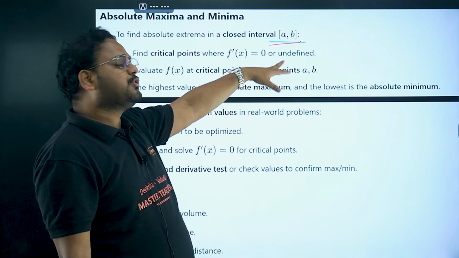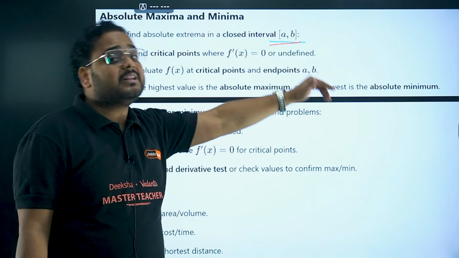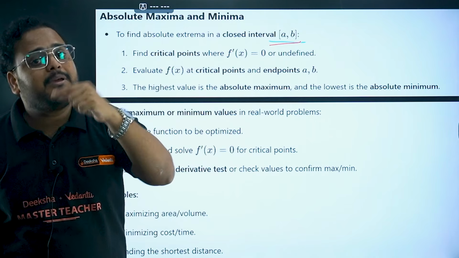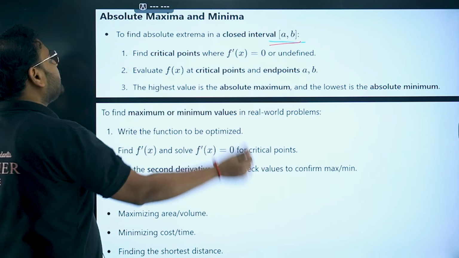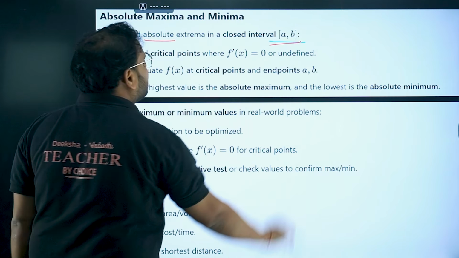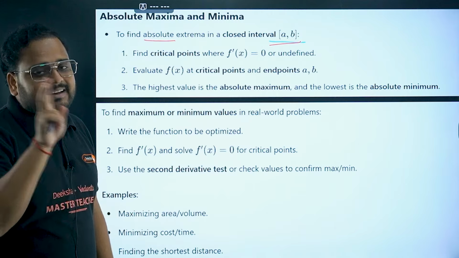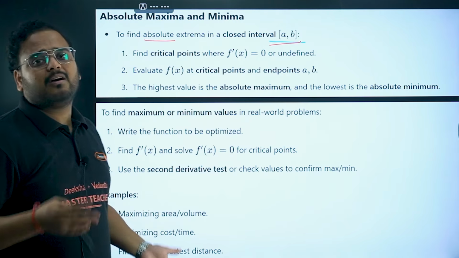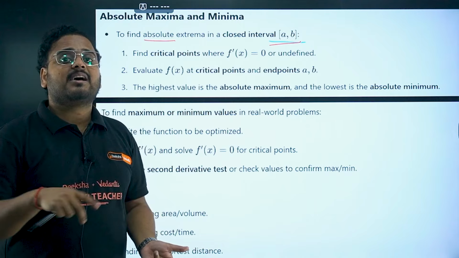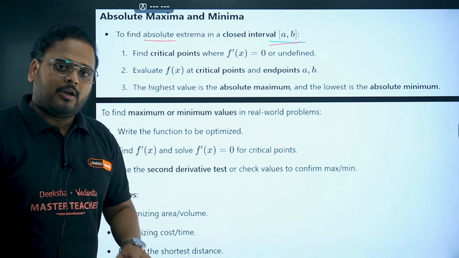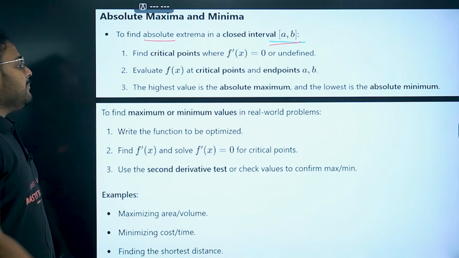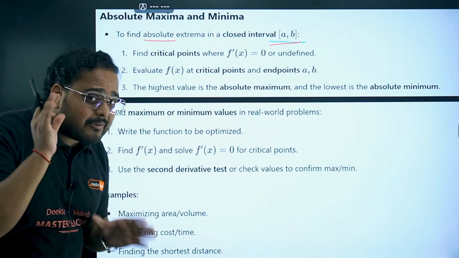That means f(c) more than f(a) and f(b) gives absolute maxima, and f(c) less than both f(a) and f(b) gives absolute minima. For the concept of absolute, you should have the interval, and the boundary should be defined and included in the domain. Otherwise, you cannot conclude whether it is absolute maxima or minima. It will be limited to only local maxima and local minima. I hope you are able to understand what I'm trying to say.